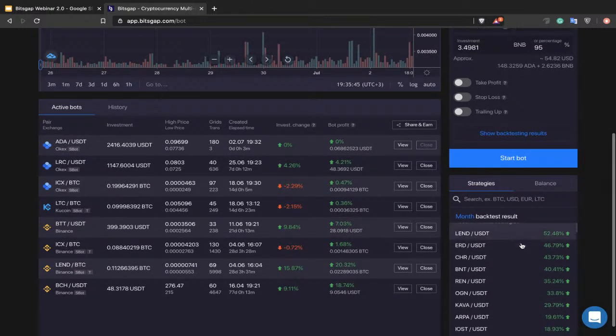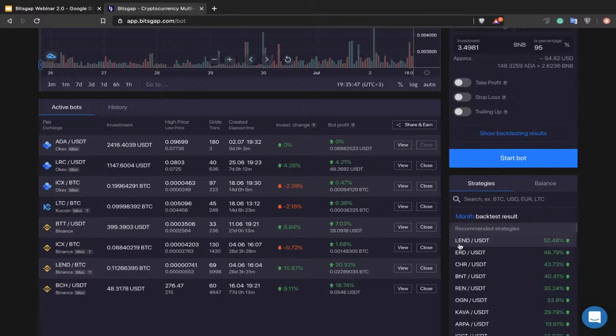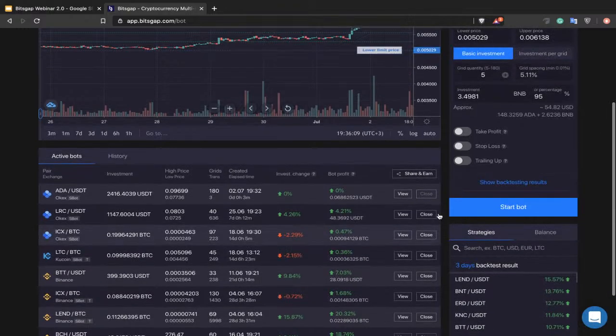You see that on Binance, Lend trading to USDT has demonstrated the highest return during the last month. You can also sort them by weekly returns and by 3 days period, and you will sort them accordingly. Now let's move on.